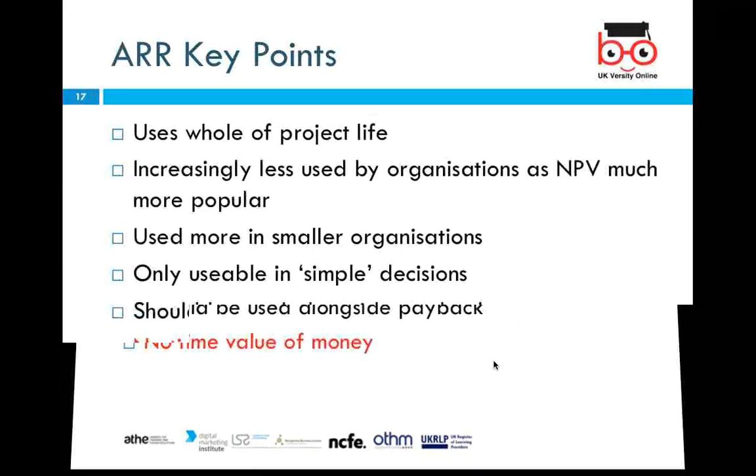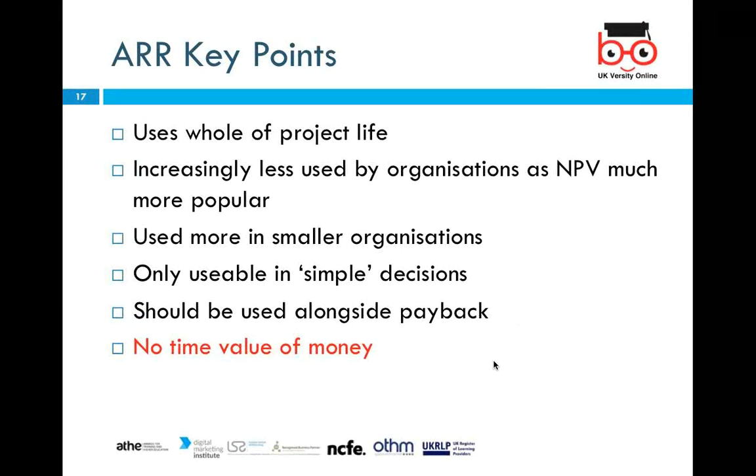So these are the two we can calculate for the non-discounting factor. The key points of the accounting rate of return: it uses the whole of the project life, and the rate then stays static. It is increasingly less used by organizations, as NPV is much more popular.